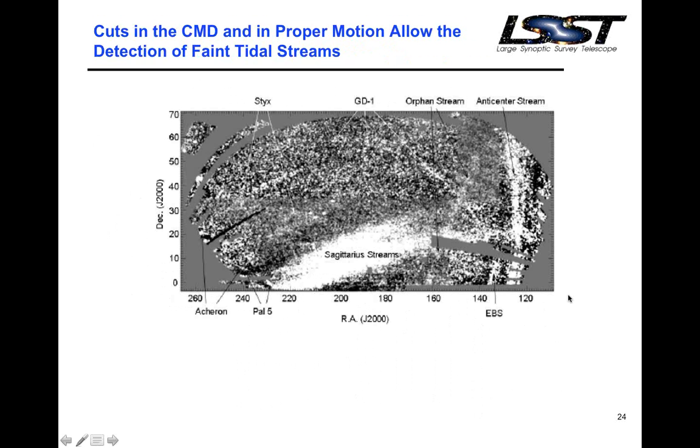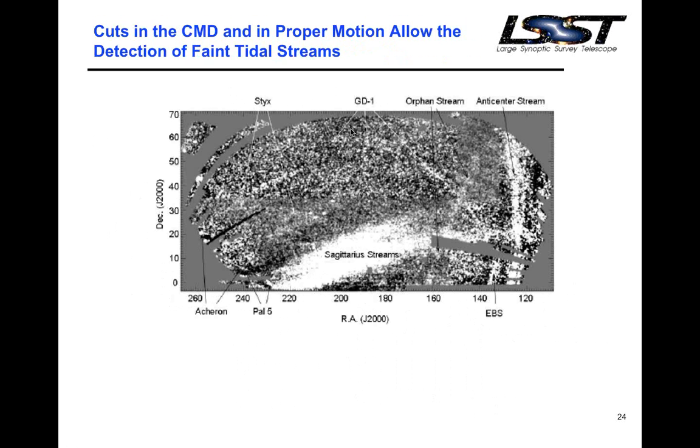And there are lots of interesting things you can learn about the Milky Way from the stellar populations if you can do those cuts. So, for example, if you make cuts in the color magnitude diagram and in proper motion, you can separate out all the field stars. Again, this is Sloan data where this was piloted, and you start to see structure in the sky which correspond to tidal streams of smaller satellite objects to the Milky Way that over the course of cosmic time fell into the potential of the Milky Way, and then a sort of tidal effect strips out stars from those satellite galaxies and leaves these trails.